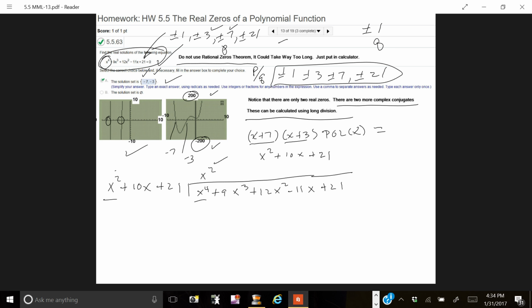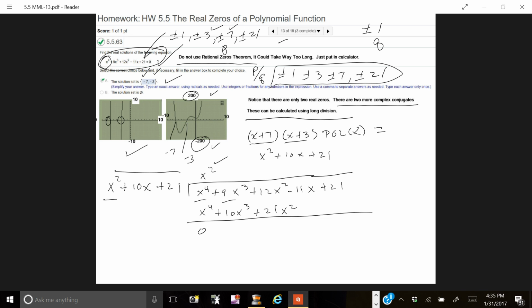Multiply x squared times all of these terms, and you get x to the fourth plus 10x cubed plus 21x squared. And now subtract, just like you do in long division, you get 0.